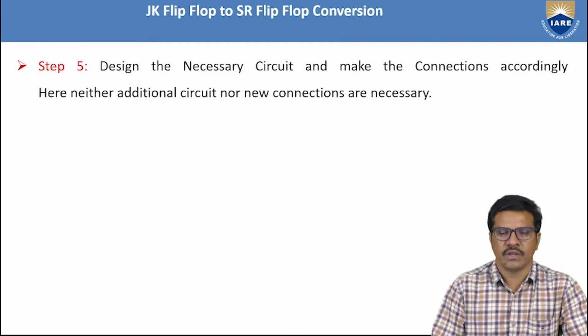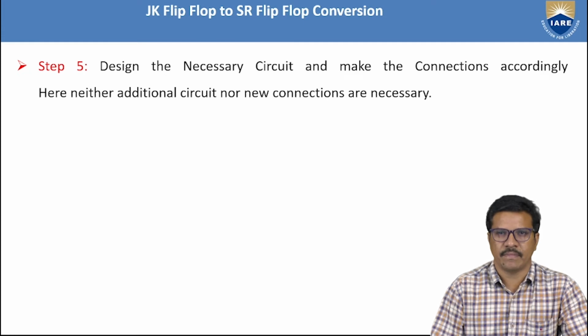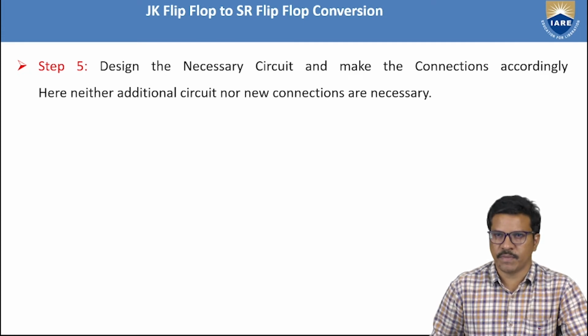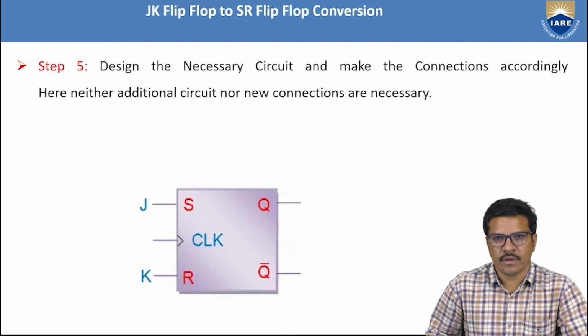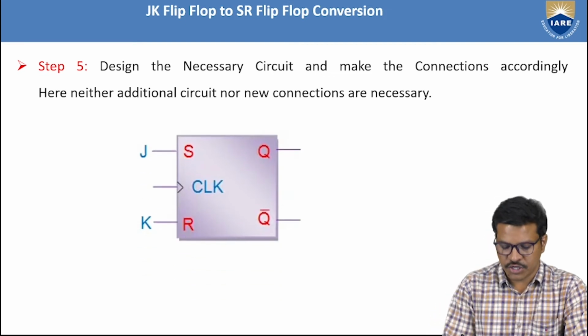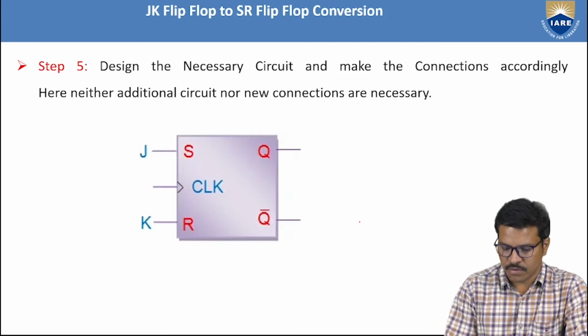Now coming to the fifth step, design the necessary circuit which makes the connection accordingly. Here neither an additional circuit nor new connections are necessary. Take the JK to SR flip-flop. What connections to J?